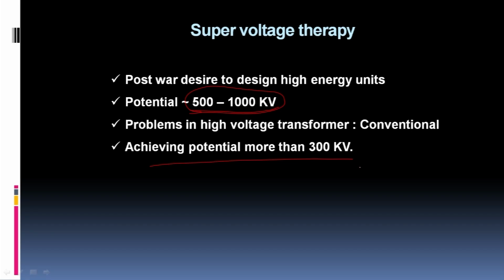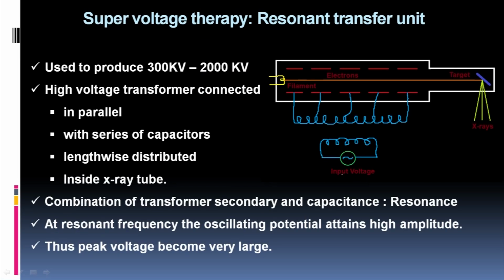So there was a need to design high energy X-ray beam units. So there was consistent development so that higher voltage can be achievable. There is a design we will discuss in the next slide. In super voltage therapy they have used a specific design that is known as resonant transformer unit.